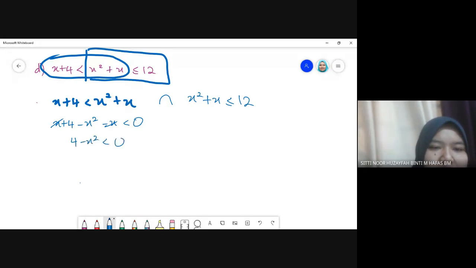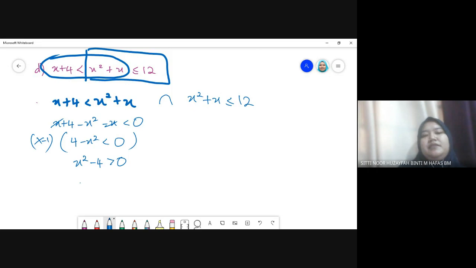Kurang daripada kosong. Tapi saya tak suka X kuasa 2 ni negatif, dengan negatif 1. So saya akan dapat X kuasa 2 tolak 4, sebab 4 pun darab negatif 1, more than 0. Boleh tak nak buat X kuasa 2 more than 4 macam tu?